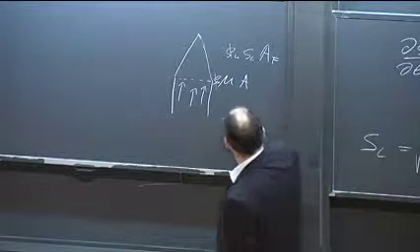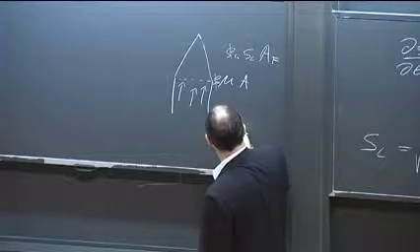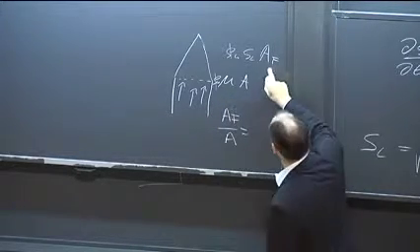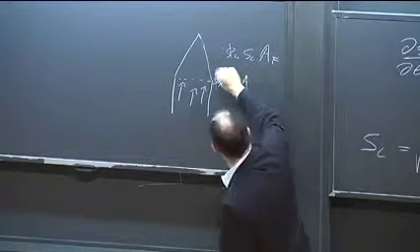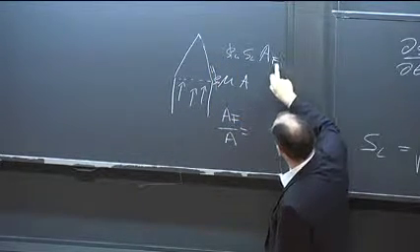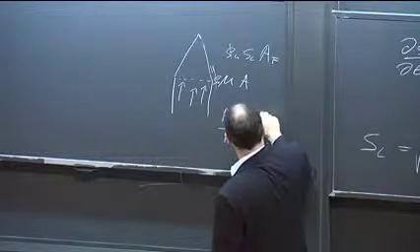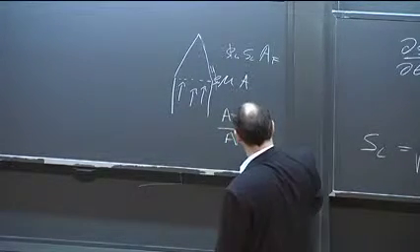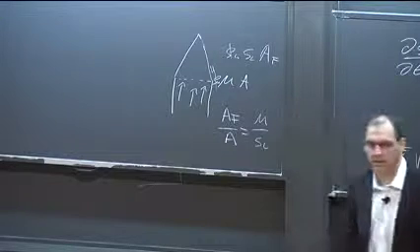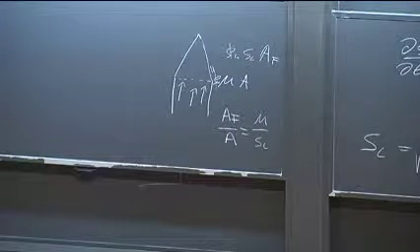SL doesn't change, so I could say AF over A is equal, sorry for squeezing this in here, but AF over A is then U divided by SL. Okay? And so what you see here, the more you increase U, the larger this flame surface will be.